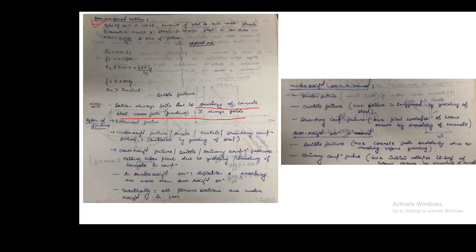Okay, we have seen this also. So under-reinforced section, tension failure, ductile failure, very good. It is also called secondary compression failure. Why is it called secondary compression failure?